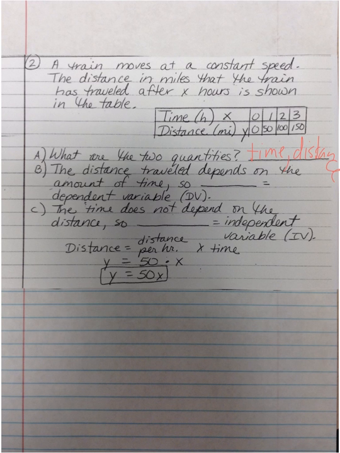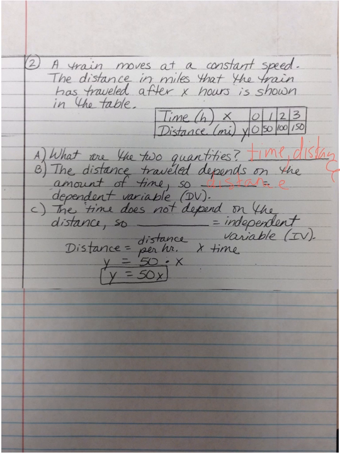So if they go 1 hour, the train goes 50 miles. If it goes 2 hours, it goes 100 miles. And if it goes 3 hours, it goes 150 miles. So the distance traveled depends on the amount of time. So distance equals the dependent variable, which we'll abbreviate with DV.